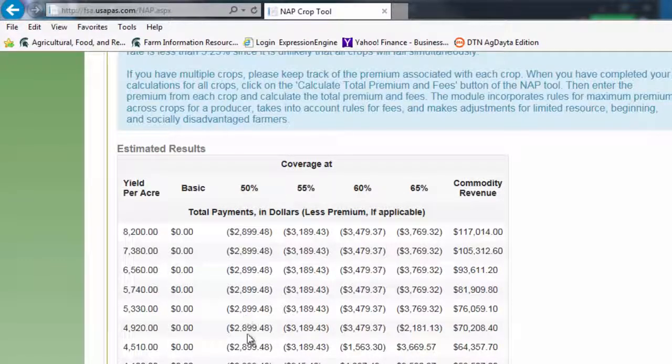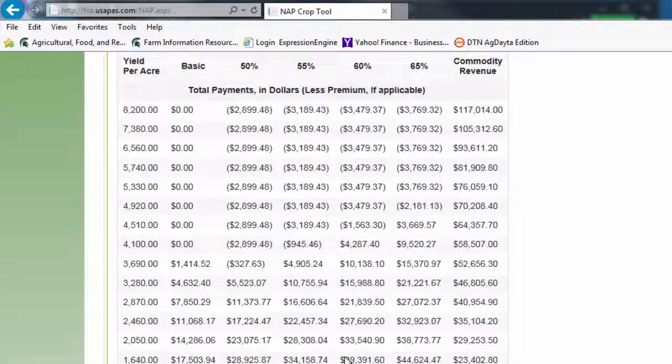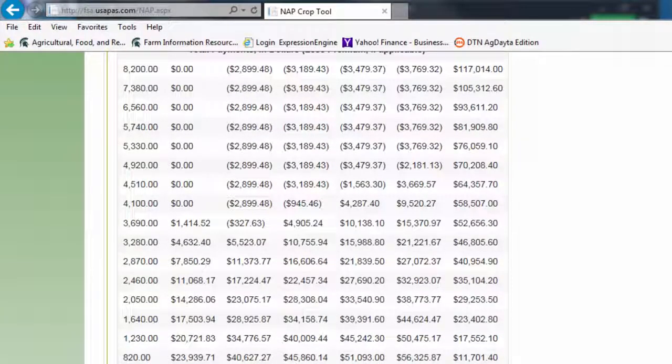The 50% payment starts coming in at, as you would expect, 50% of your yield guarantee per acre. So these gradually go up, and as we come down through here, you can see what you receive gets higher and higher as you go down.